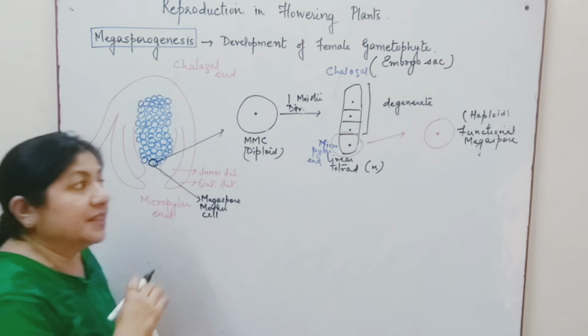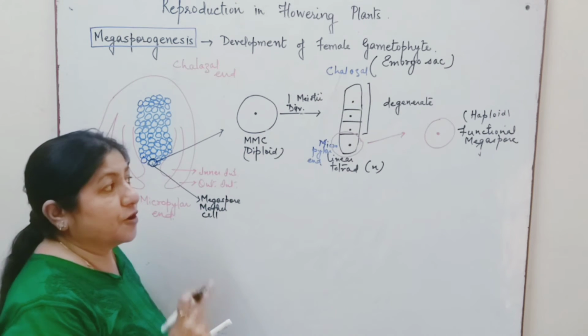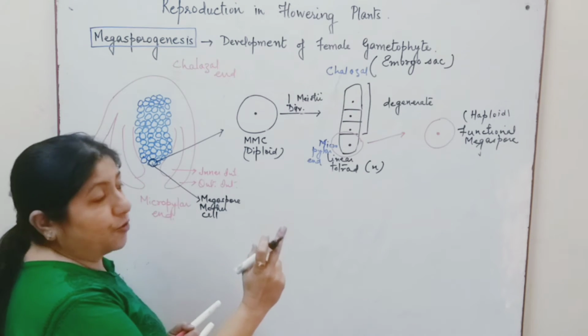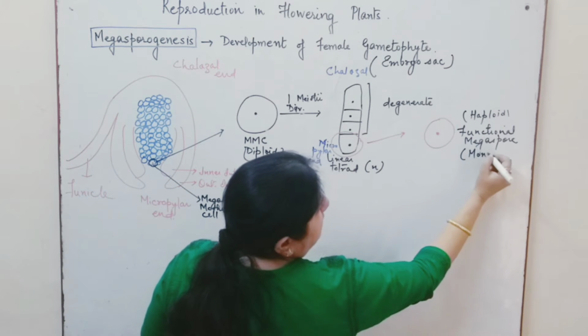Since the embryo sac, that is the female gametophyte, develops from one megaspore, the condition is known as monosporic.